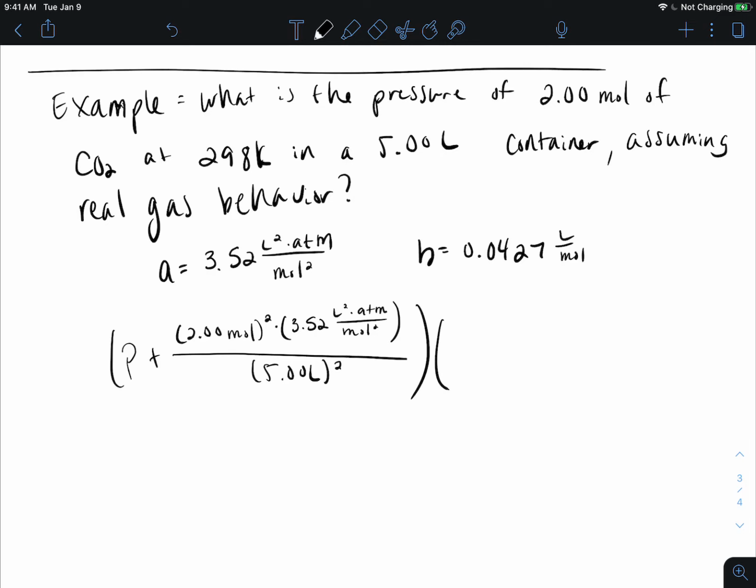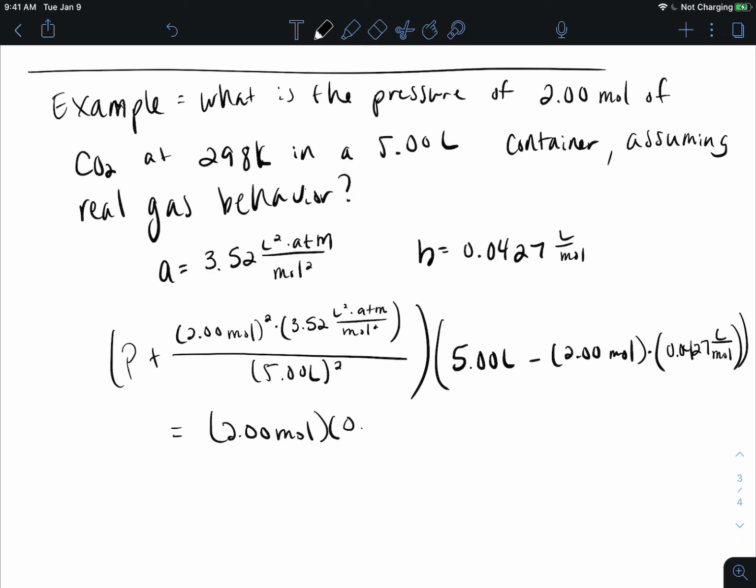Then we take our volume term, 5.00 liters, minus our moles, 2.00 moles, times our b term, 0.0427 liters over moles, is equal to 2.00 moles times our gas constant, 0.08206 liters times atmospheres over moles times Kelvin, and then times our temperature, 298 Kelvin.